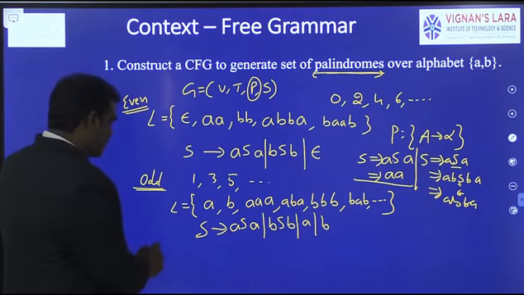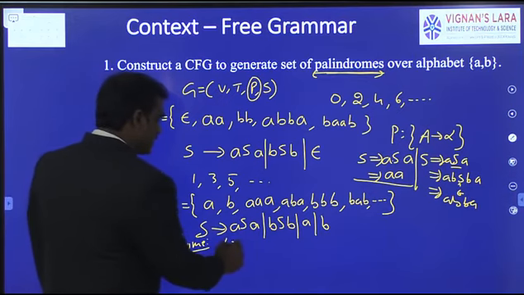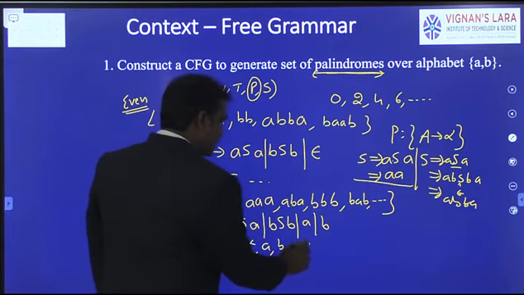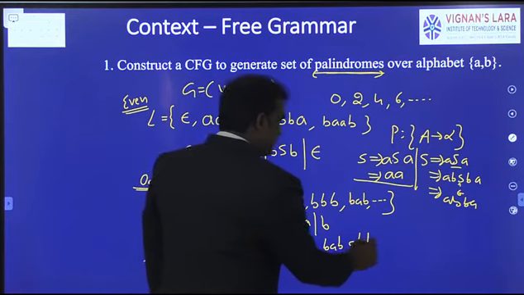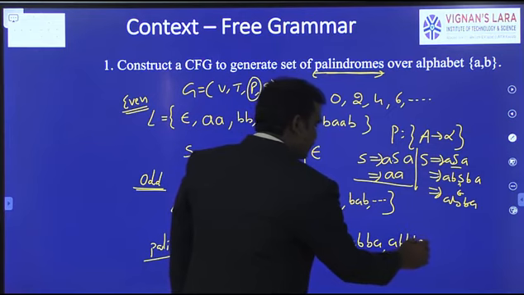Now palindrome means you have to match both even length and odd length. So here the language is epsilon, A, B, AA, BB, ABA, BAB, AABB, like that.